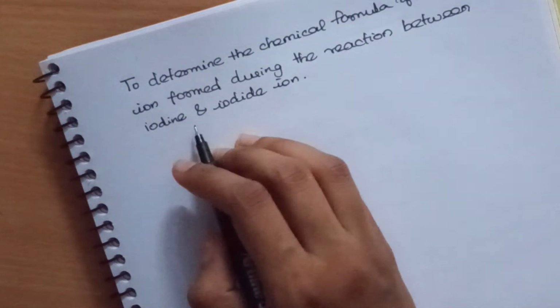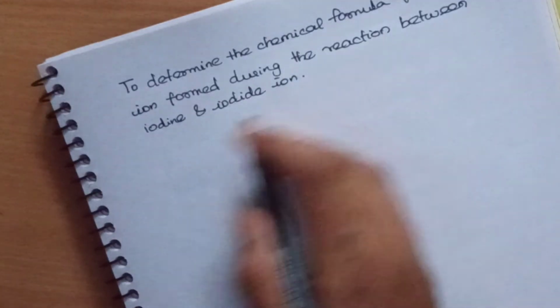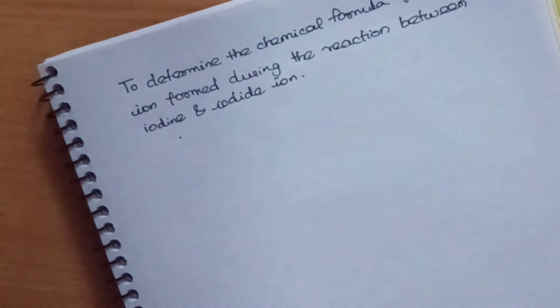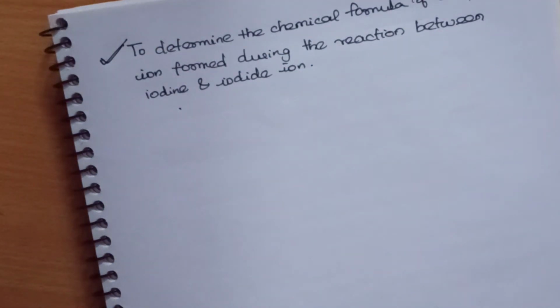Not only iodine or iodide ion, you can also make use of bromine and bromide ion. So this is the very next application of distribution law.